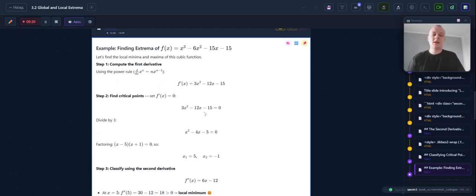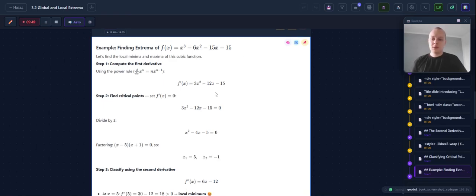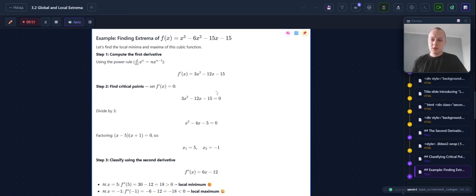So let's calculate an example of finding extrema of the function x cubed minus 6x squared minus 15x minus 15. First we'll compute the first derivative. How do we do that?